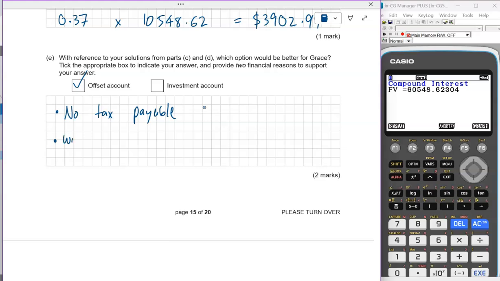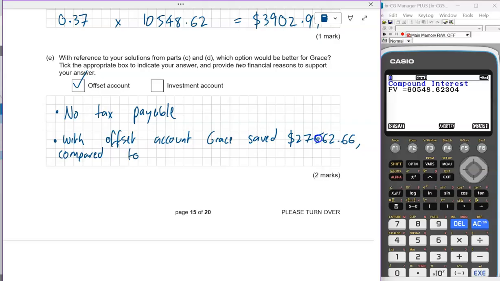With the offset account, Grace saved $27,562.66 compared to only earning $10,548.62 in the investment.